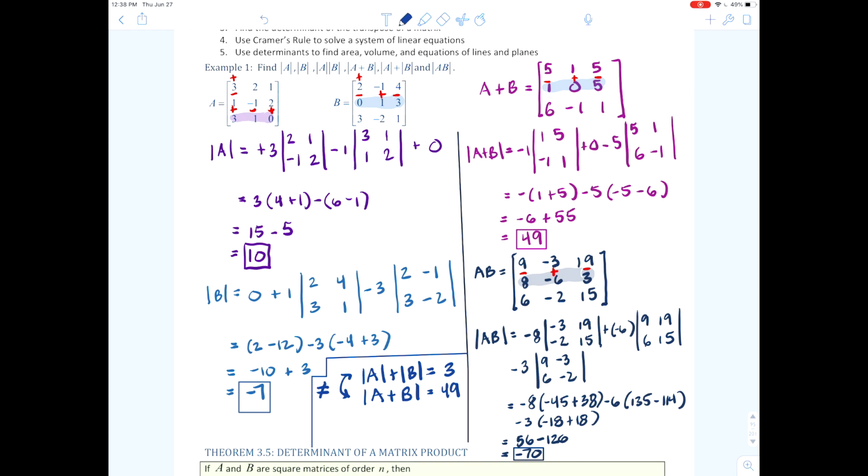Cool? But if we look at the products, what's going to go on? Well, the determinant of A times the determinant of B would be what? 10 times -7, which is -70. And the determinant of the product of those two matrices was also -70. So it looks like perhaps these two might be equal. Let's check it out.